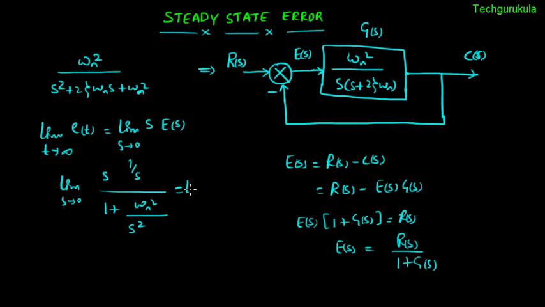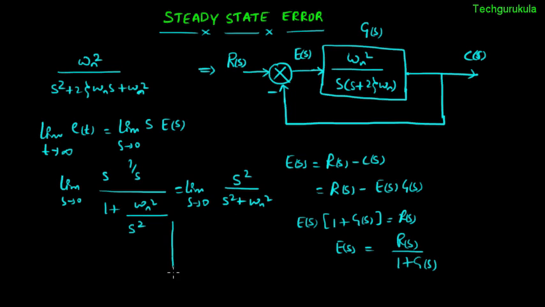If we rewrite this, we'll have limit s tends to 0 of s square over s square plus omega n square. Now we cannot use the final value theorem for cases where the system is marginally stable, in the sense it has roots on the j omega axis. We cannot use the final value theorem. So what should we do instead?